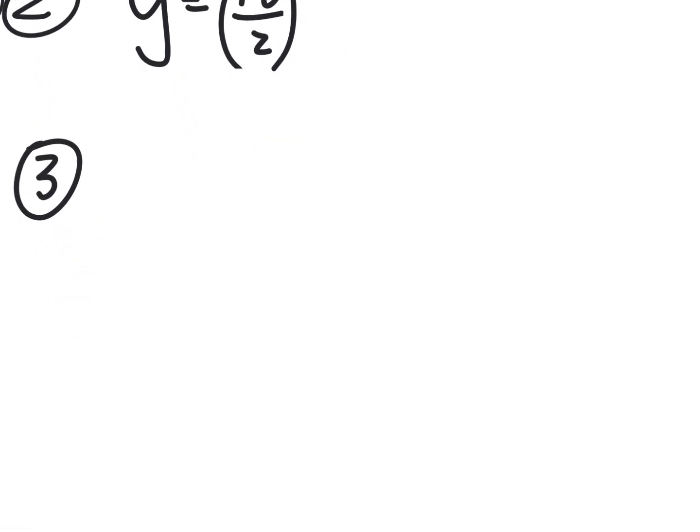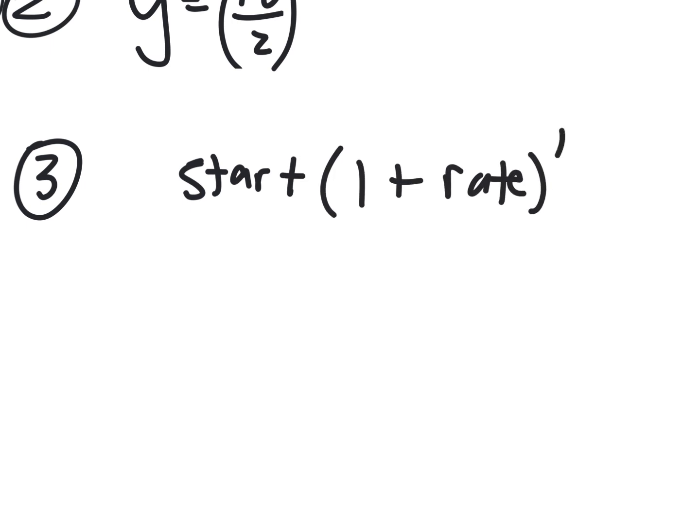Purchase the motorcycle question. You're going to have to do this. You put the starting amount times 1 plus the rate to the time. That equation is going to be given to you on the test.